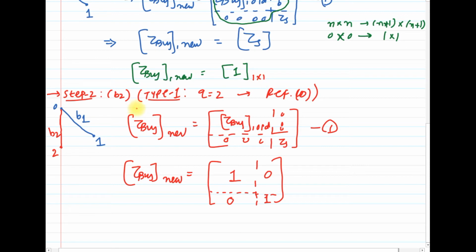Now after addition of the new tree branch B2 into the network, the size of the Z bus matrix is updated by 1, which is 2 cross 2.